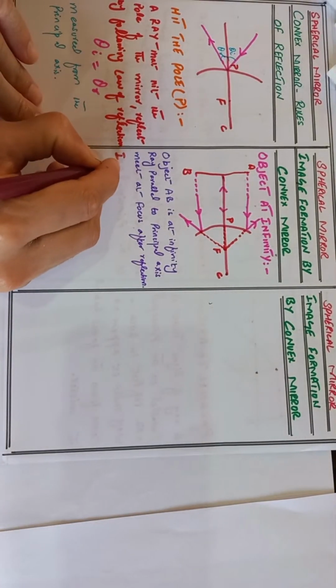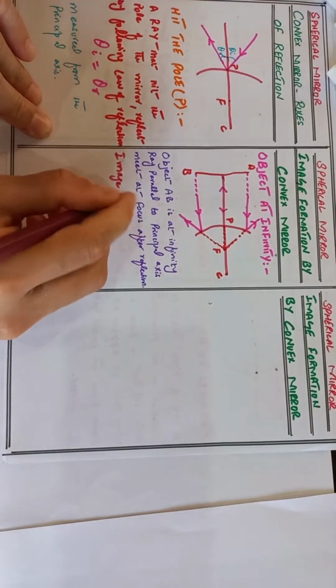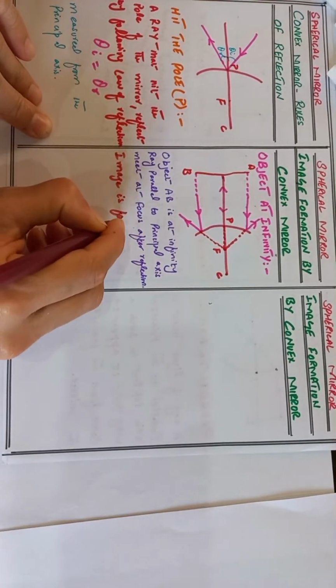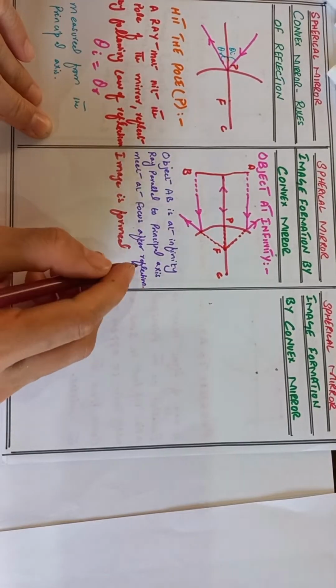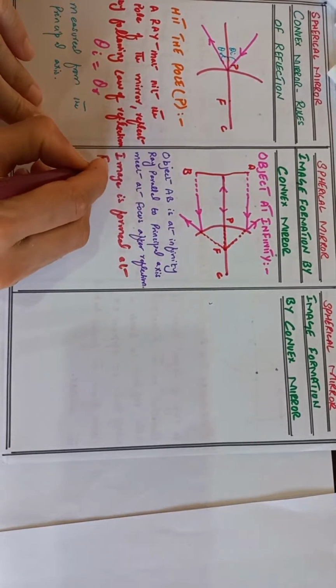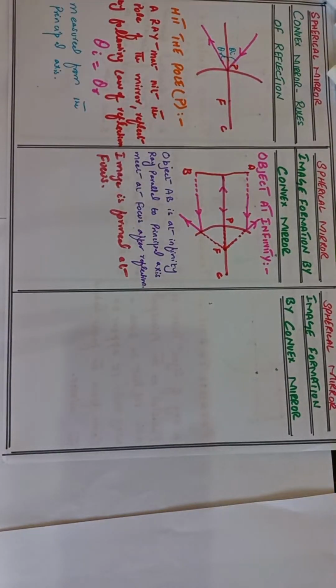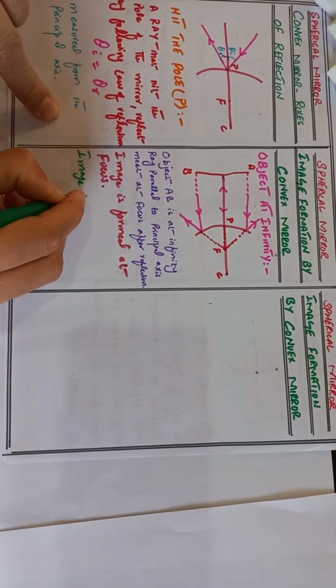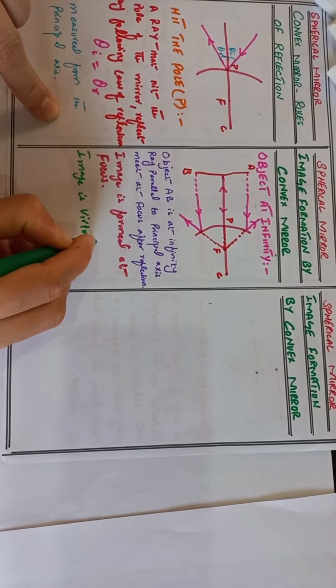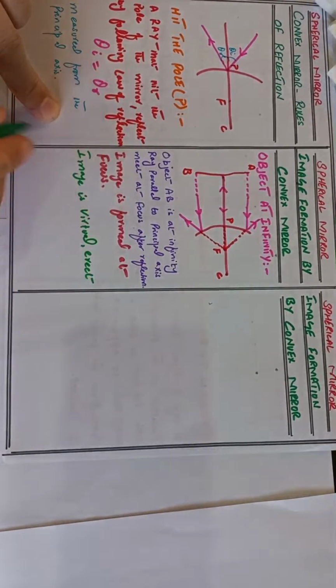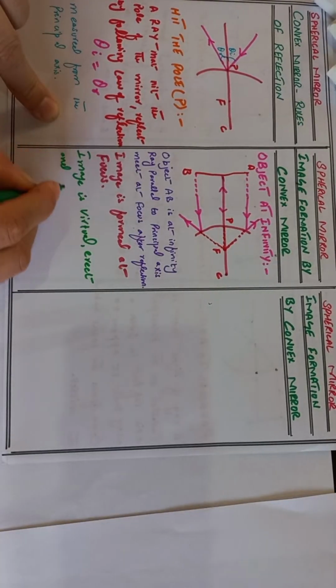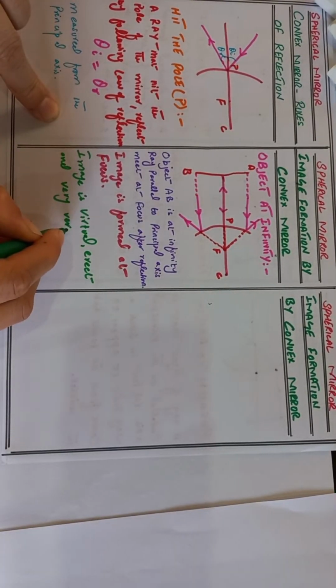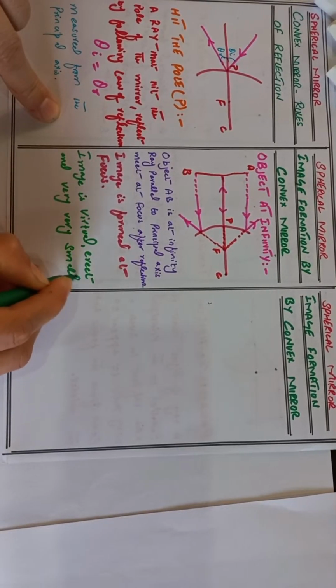Image is formed at the focus. Image is virtual, erect, and very, very small.